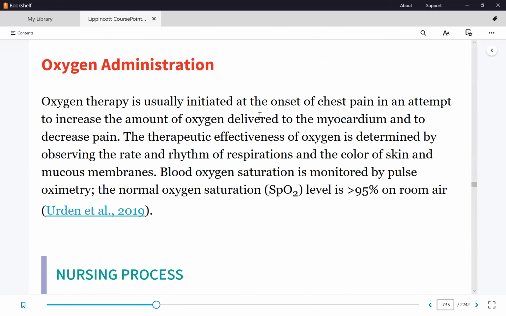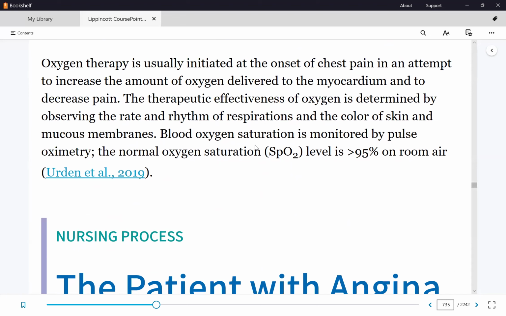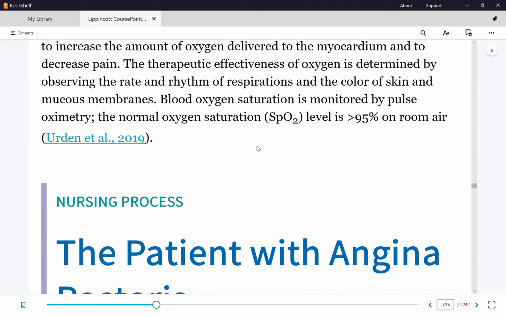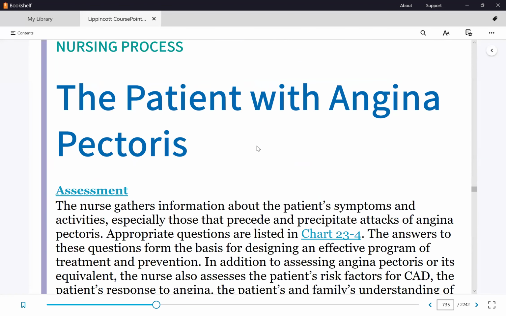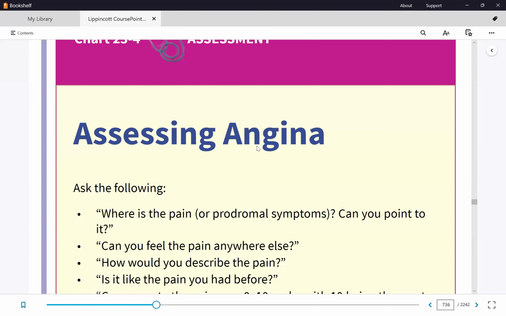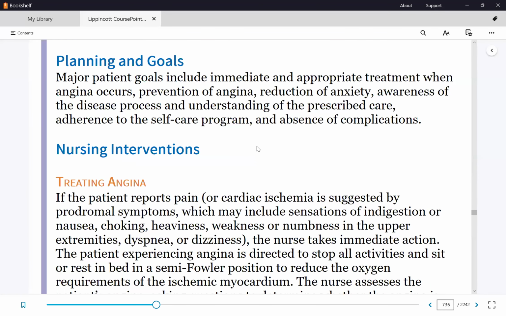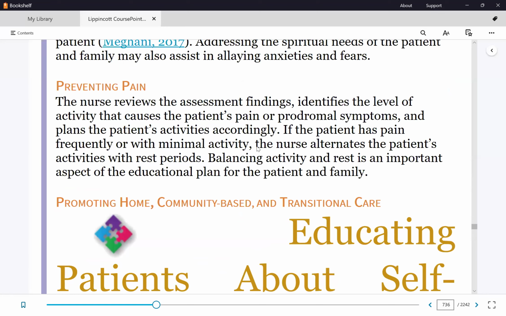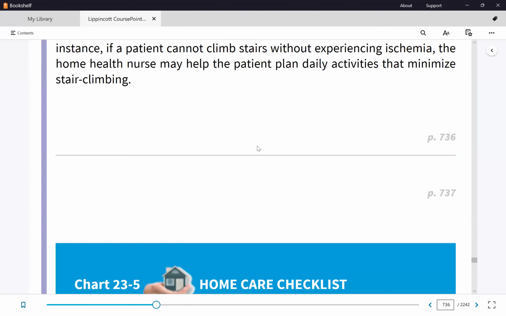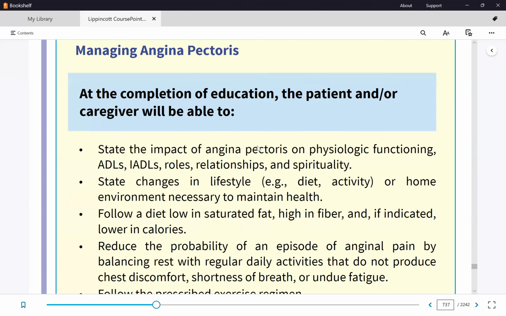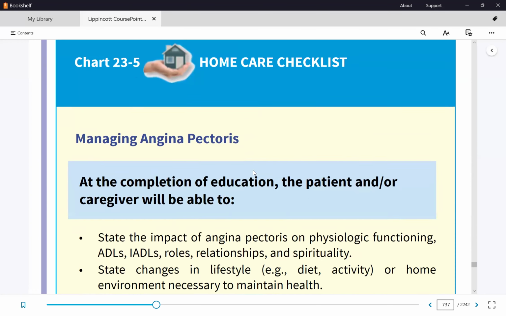Yes, we give oxygen. All right, any question on angina? And here's your teaching, chart 23-5.